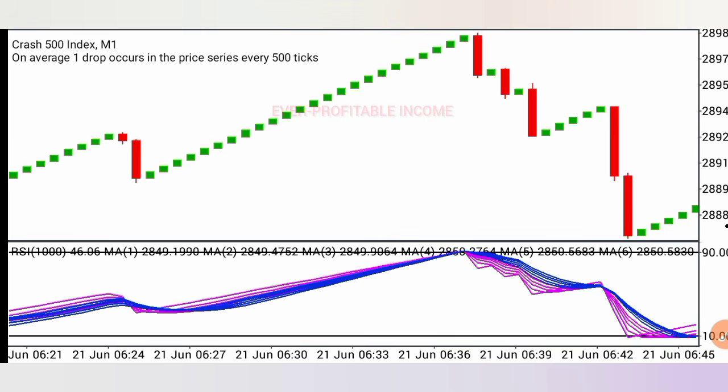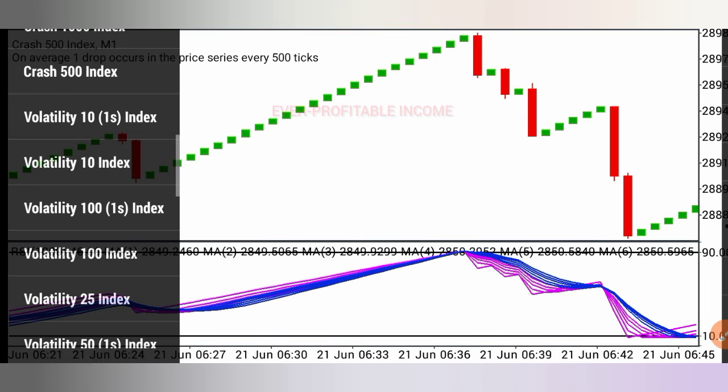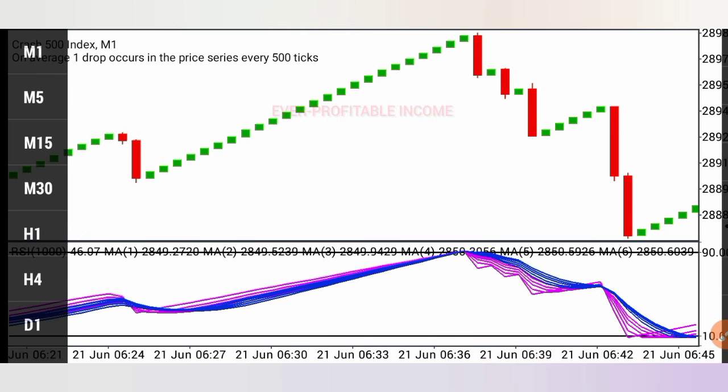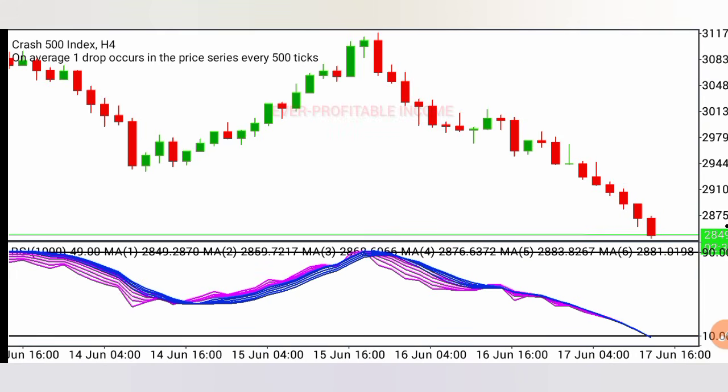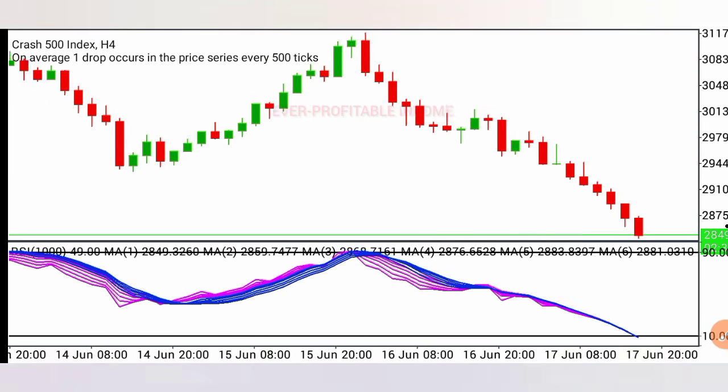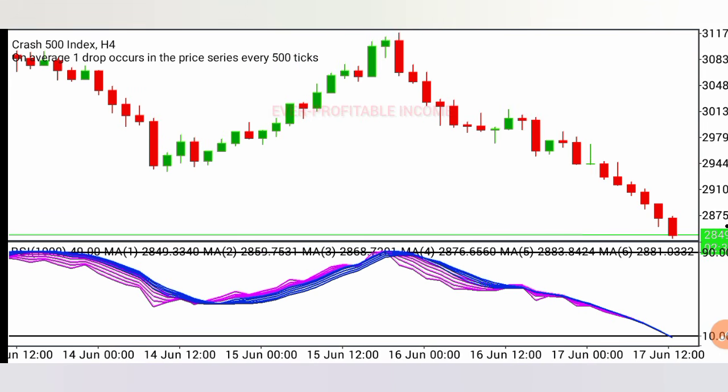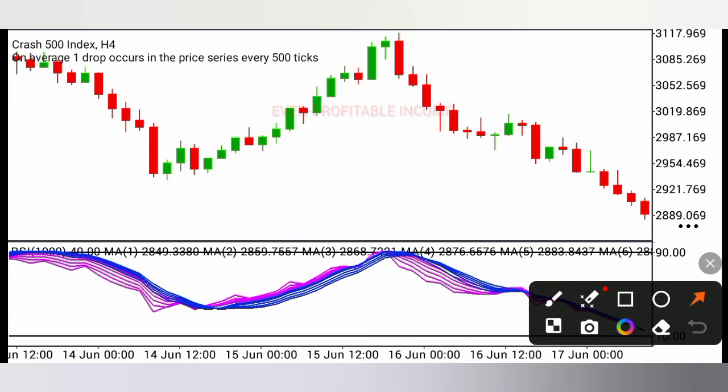Now on crash, before you use it on crash, ensure that the overall trend is bearish. Let's check the higher time frame here. Let's check H4. Now look at this. If you want to use it on crash, you should ensure that this higher time frame is going down like this, like it's bearish, not like this.